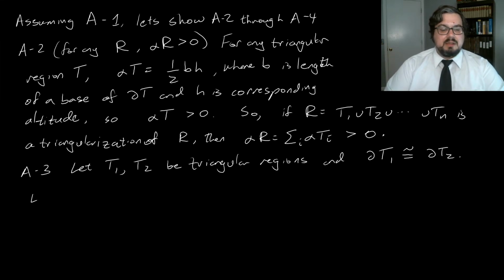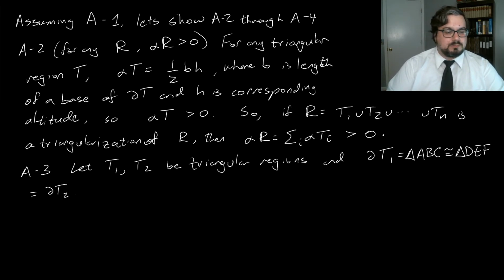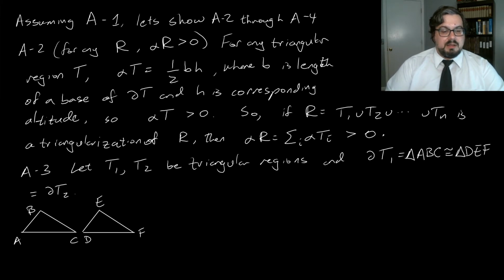Let's be more precise than that. Let's say that the boundary of T1 is triangle ABC, which is congruent to triangle DEF, which is the boundary of T2. So we've got A, B, C, D, E, F.